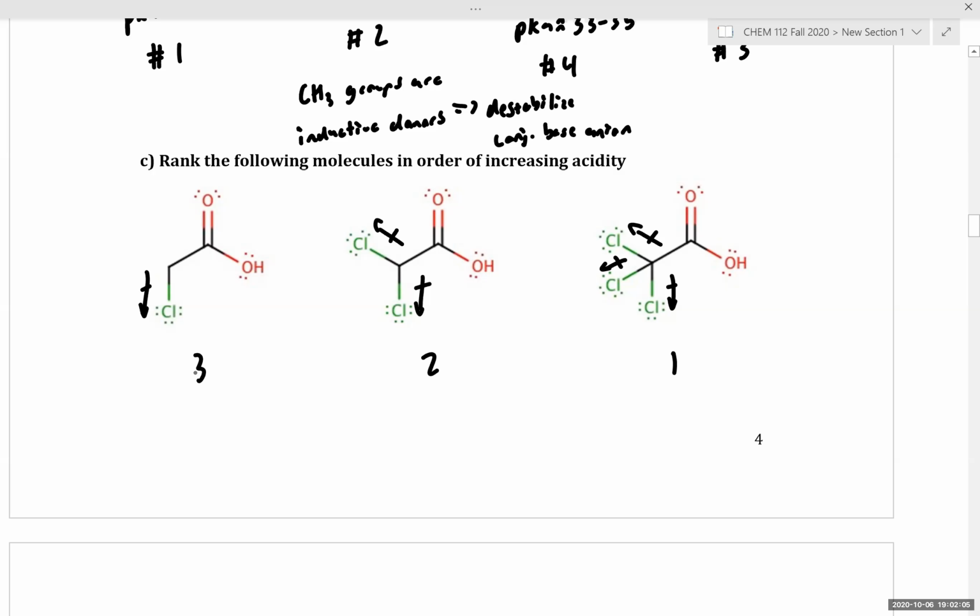So in turn, this trichloroacetic acid would be the most acidic, followed by the dichloro, and finally the monochloro. The greater the number of inductive withdrawing groups, the more our conjugate base anion is stabilized, and as a result, the more acidic our parent acid will be.